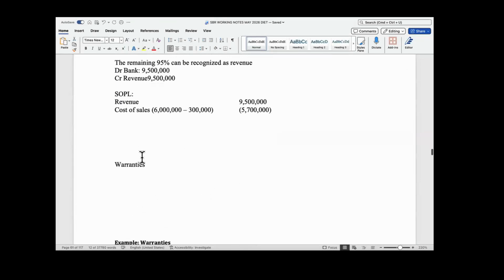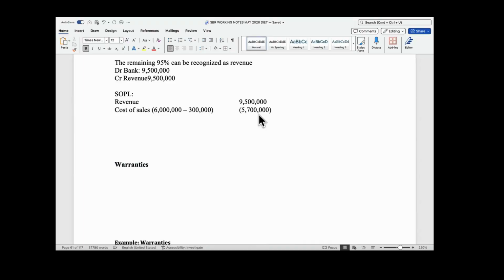Okay, let's move away from sales with right of return. Don't forget the major issue in sales with right of return is that we do not recognize revenue. Rather, we recognize refund liability. Additionally, the cost of sales needs to be transferred.